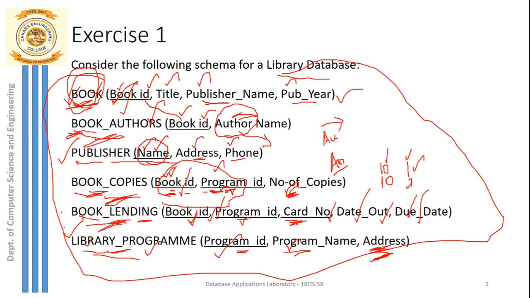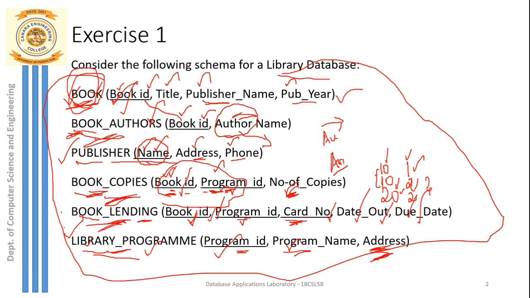This is possible. Or you can have one more value: a different book with ID 20 available in the same library whose ID is 2. So the same library with ID 2 can have two different books, with IDs 10 and 20. Here book IDs are repeating, and the program IDs or library IDs are repeating.